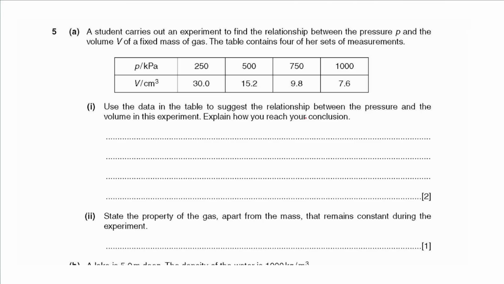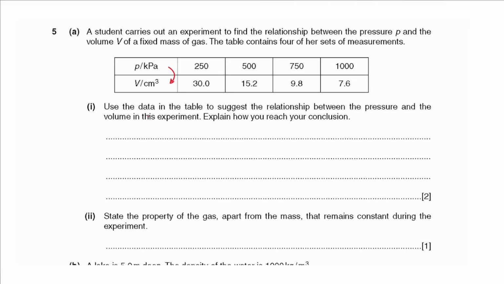We should already know that pressure and volume are inversely proportional, and if any two quantities are inversely proportional, that means that if you multiply these quantities, you should always get the same result, or it is constant. So if you multiply pressure by volume, you should always get the same value.